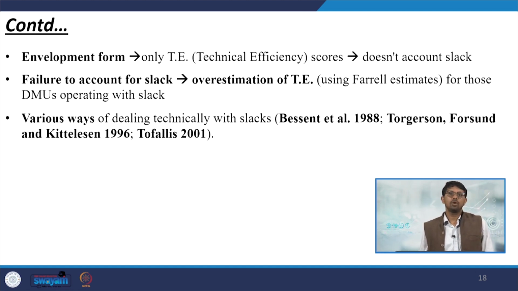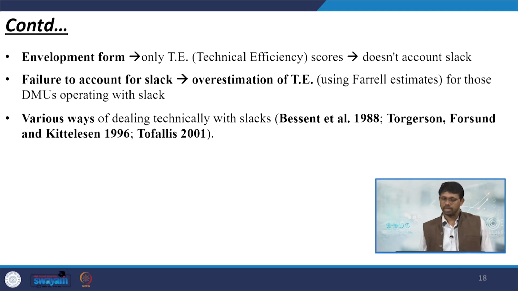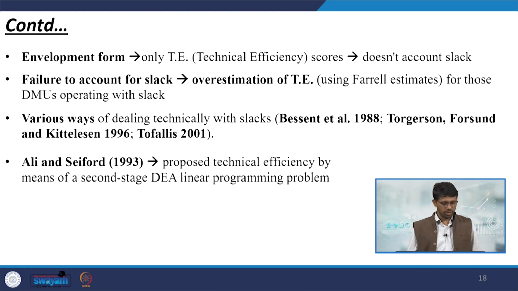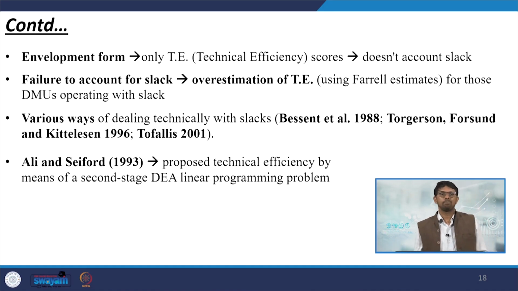There are various ways of dealing technically with slacks, such as Charnes et al. in a 1988 paper, Torgersen, Forsund and Kittelsen 1996, Tofallis 2001, etc. They have also discussed this. A 1993 paper by Ali and Seiford proposed measuring technical efficiency by means of a second stage DEA linear programming problem.